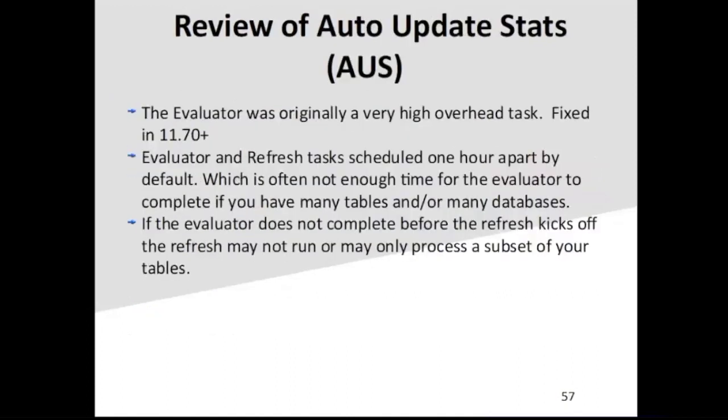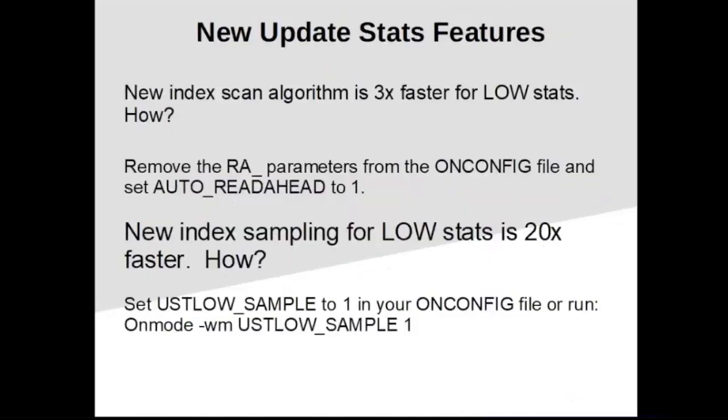We talked about AUS, so I'm going to skip over this. In the later versions of 11.7 and 12, they improved the scan algorithm that's used for low stats in 2 different ways. One is that they just improved the way they do that scan.